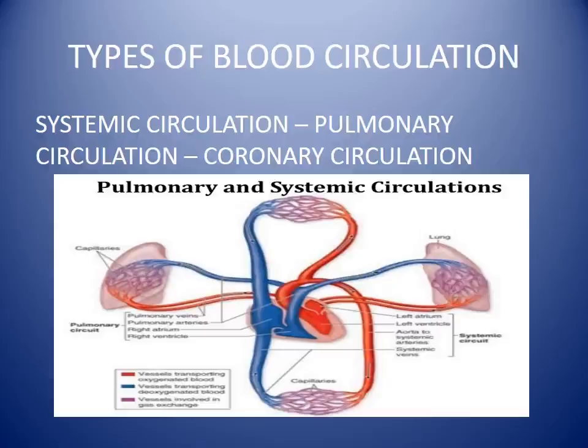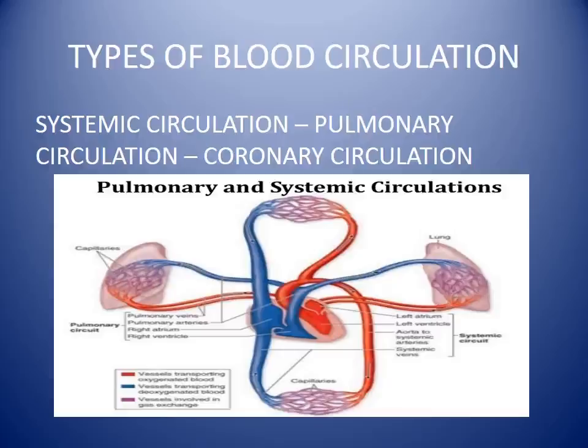Left atrium, left ventricle, aorta, systemic vein. These all are called the systemic circuit. This systemic circuit carries oxygenated blood and returns deoxygenated blood. This is systemic circulation. Have you understood systemic circulation?